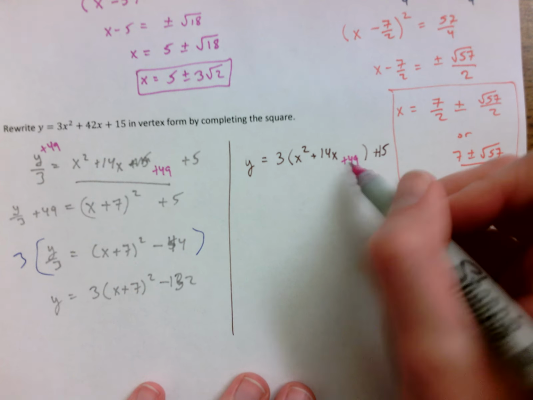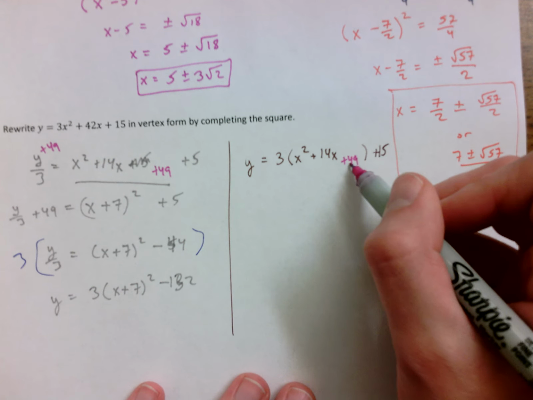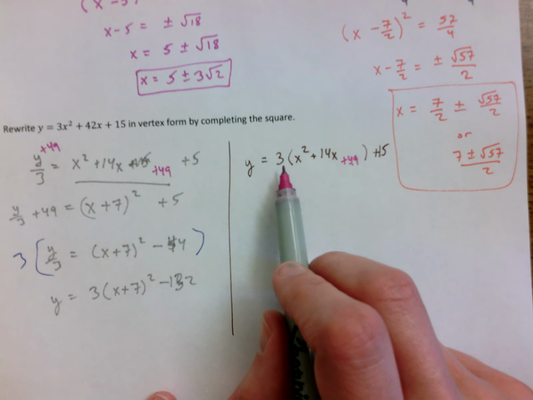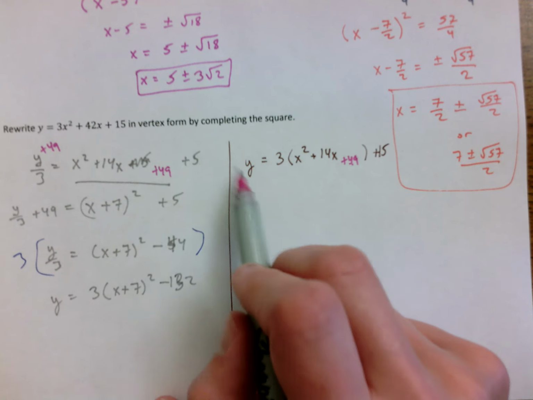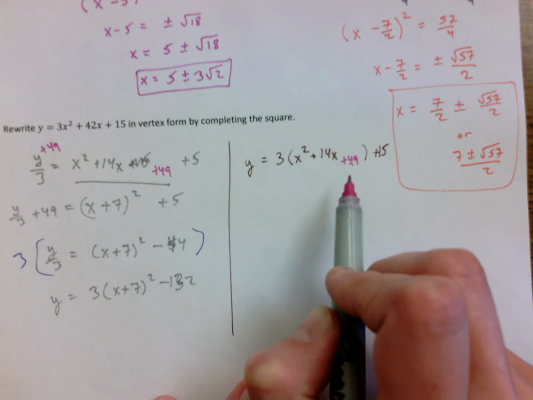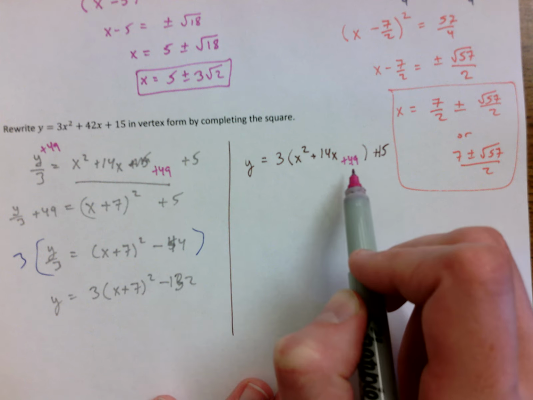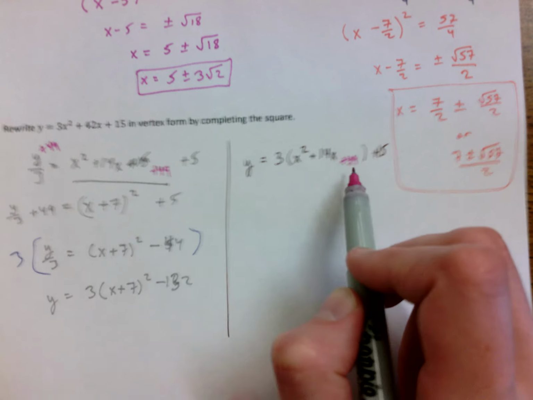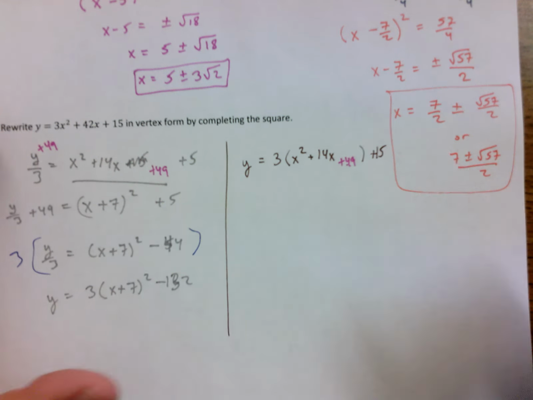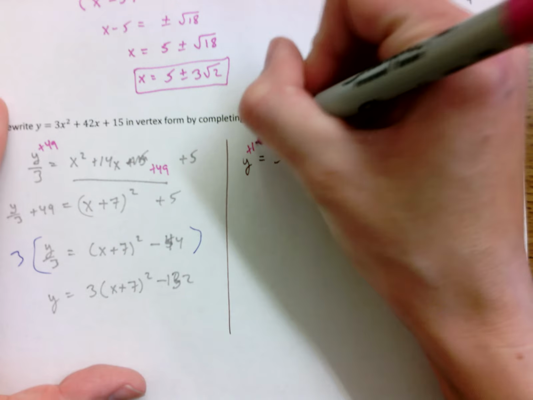But then here's where the difference comes in. I added 49 inside of this set of parentheses, but this set of parentheses is already claimed to be multiplied by 3. So when I add on this side, I'm not going to add 49 again, because I didn't actually add 49 over here. Even though I wrote plus 49, I actually added 3 times 49, right? So when I add on the other side, I'm going to add 3 times 49, which is 147.